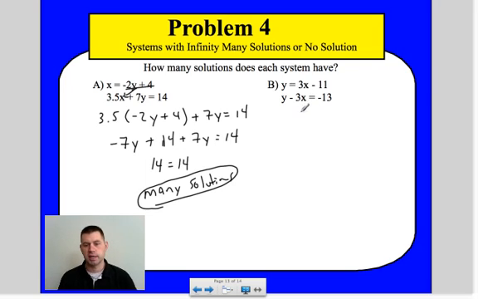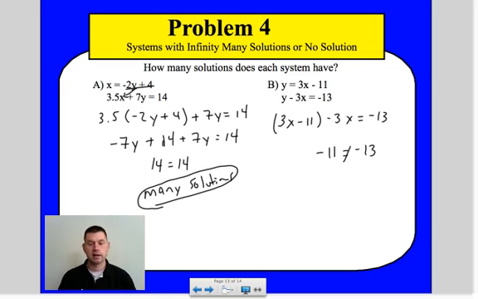Okay, well, let's look at B. We have y solved for again, so we're going to write 3x minus 11. We're going to subtract 3x equals negative 13. Now we just simplify. 3x minus 3x cancels. You're left with negative 11 equals negative 13.